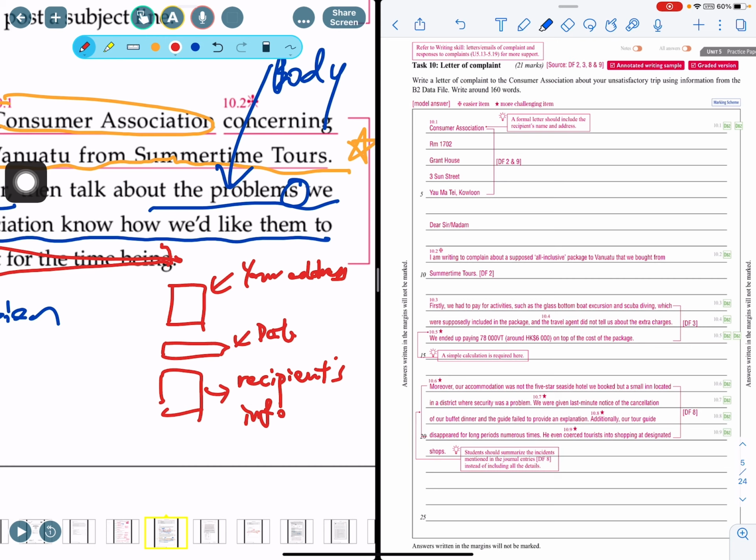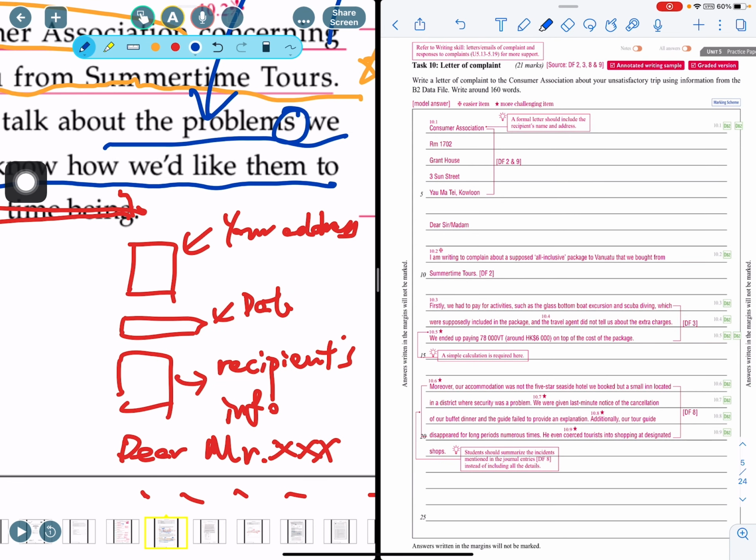Then you start with Dear Mr. something, and then you start writing like this, right? But now it is asking you to leave your address and the date out. So basically you don't have this part, but still there should be the recipient's info.